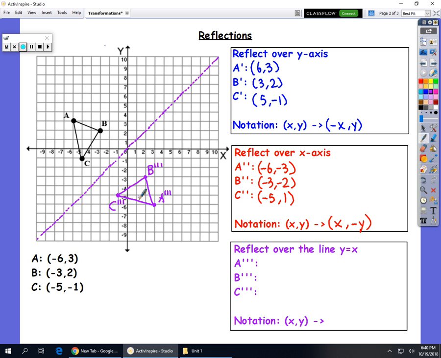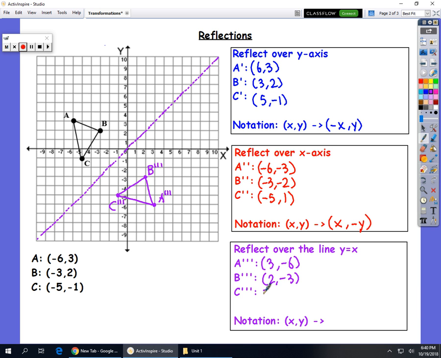A triple prime is 3, negative 1, 2, 3, 4, 5, 6. 3, negative 6. All right, B triple prime ends up being 2, negative 3. And C triple prime is negative 1, 1, 2, 3, 4.